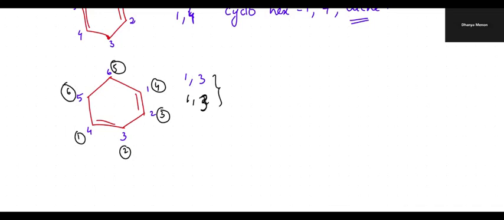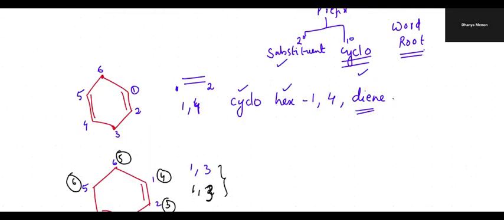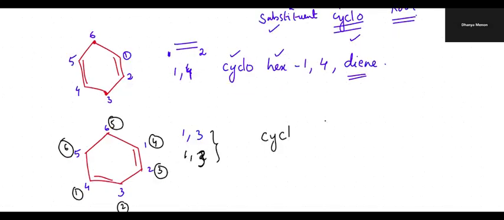So following this order, there is no substituent. So I start with the primary prefix, which is cyclo. So cyclo, the root word is what? Hex. What positions are the double bonds? 1, 3, diene.